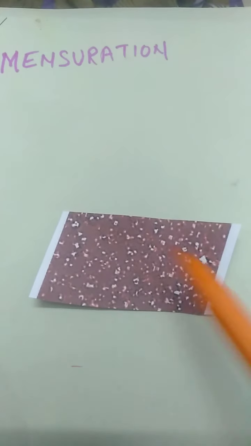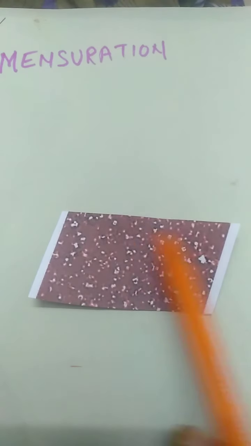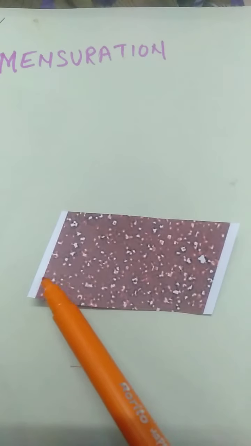This is a parallelogram. In this, the opposite sides are parallel to each other and are equal to each other. This angle is equal to this angle and this angle is equal to this angle, so the opposite angles are also equal. The perimeter is the sum of all these four sides.